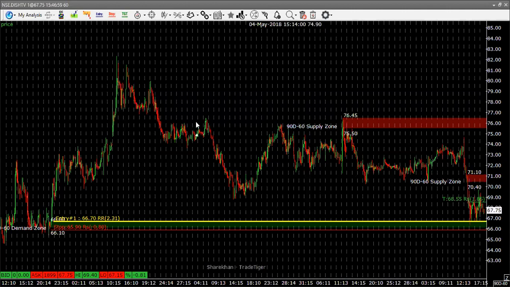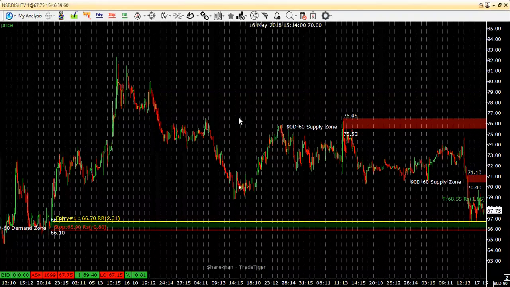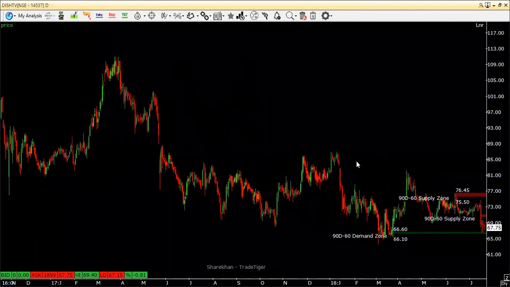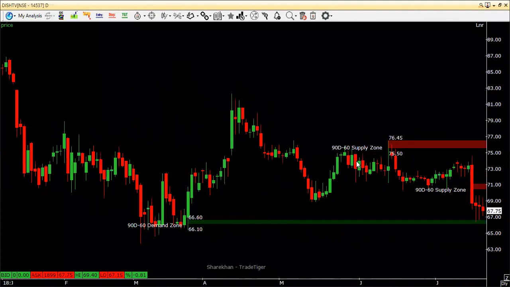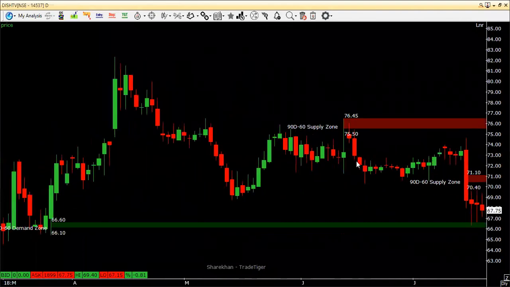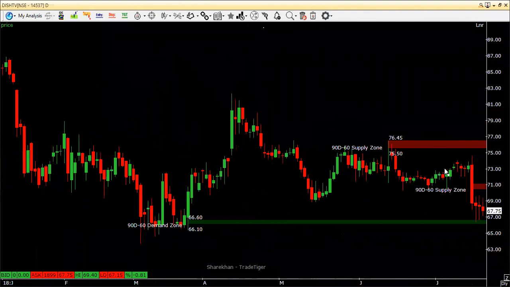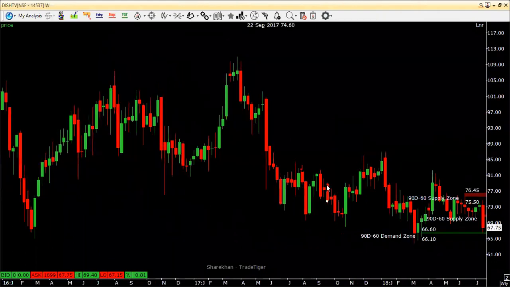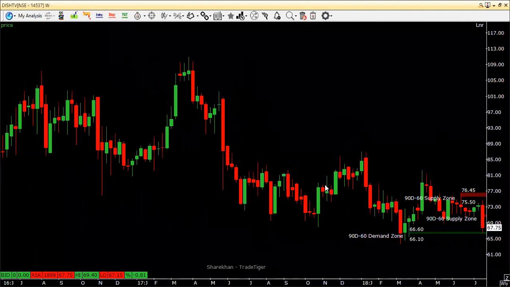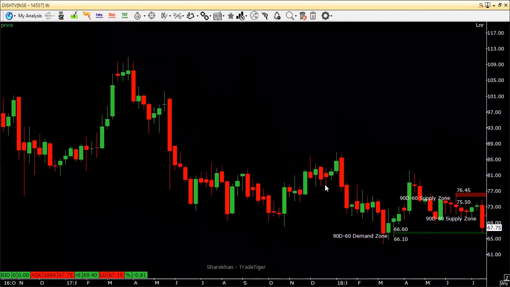So what are the other time frame charts I use for my swing trades? I definitely look at the daily chart as well when I plan a swing trade, because the daily chart gives me an idea as to what is the trend in the market. So I usually use my daily chart for trend, and then I use my weekly charts to get the overall bigger picture of the market.